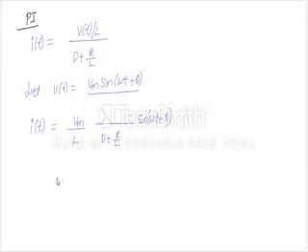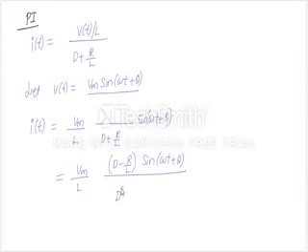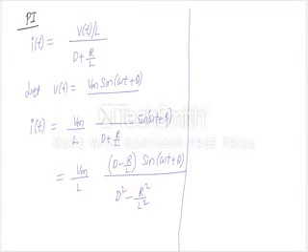So what I can do, we'll do the rationalization. Vm by omega L. So we can say this as (D minus R by L) into sine of omega t plus theta by (D square minus R square by L square) now. Check it. Simple mathematical analysis.